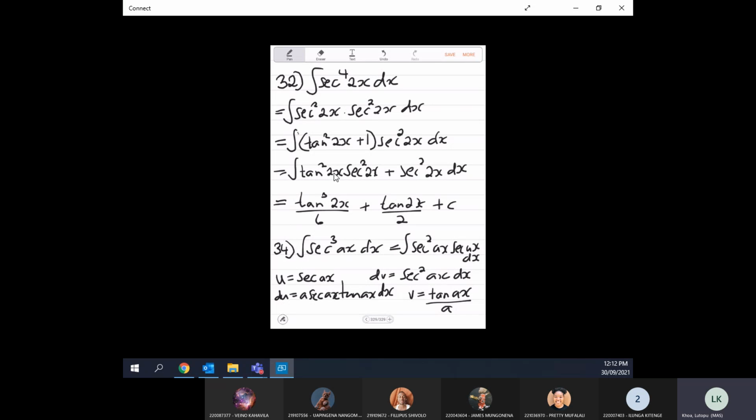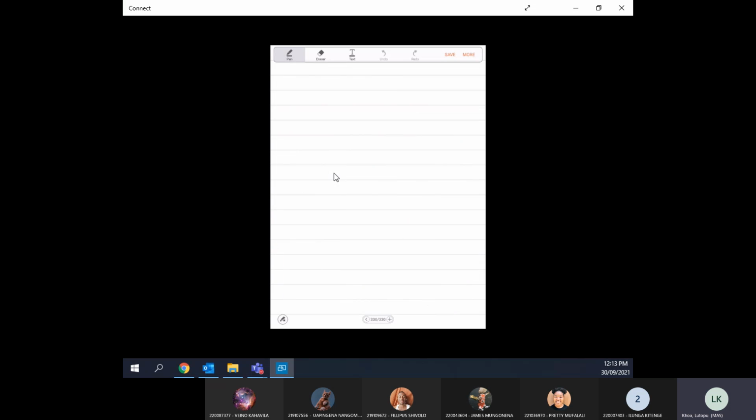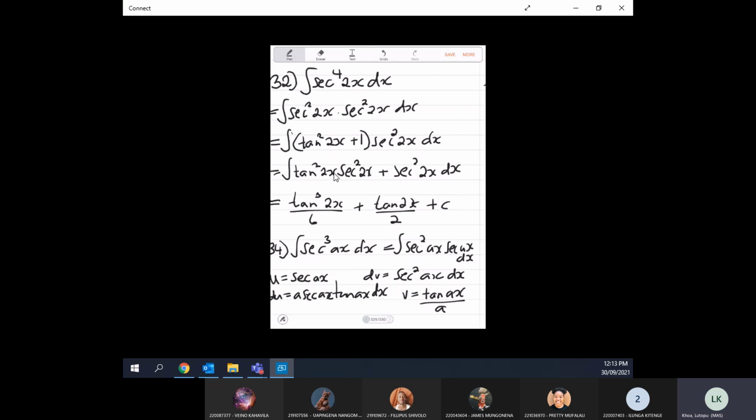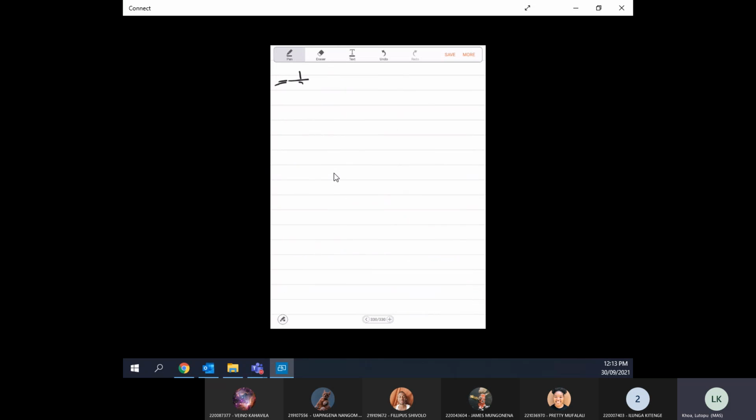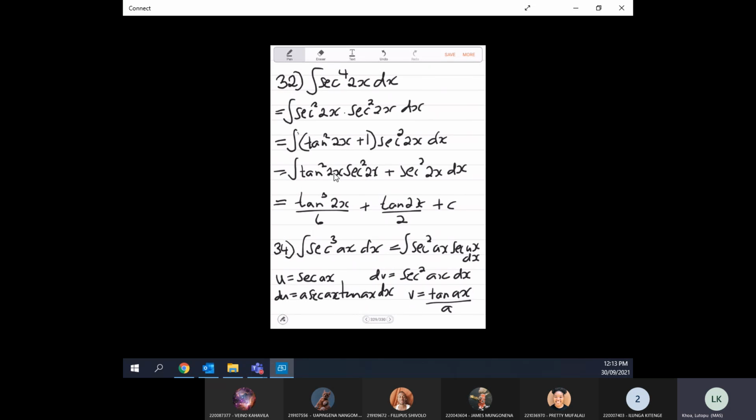Okay, so now we have our u, dv, du, and v. We just need to plug them into the formula for integration by parts. So the integral is u times v. So that's 1 over a sec ax tan ax, and then we subtract v times du.